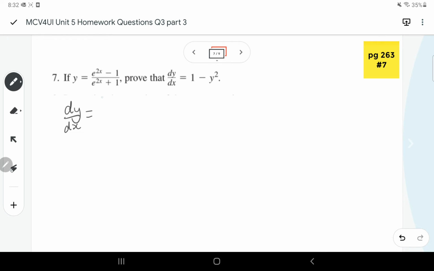So this will be the denominator, e to the 2x plus 1, times the derivative of the numerator, which is e to the 2x times 2, minus the numerator, e to the 2x minus 1, times the derivative of the denominator, which is e to the 2x times 2, all over the denominator squared.